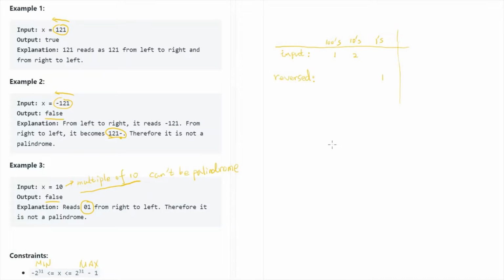So the pseudocode for this step is: pop the 1's digit from the input, and the formula for this step is input mod 10.